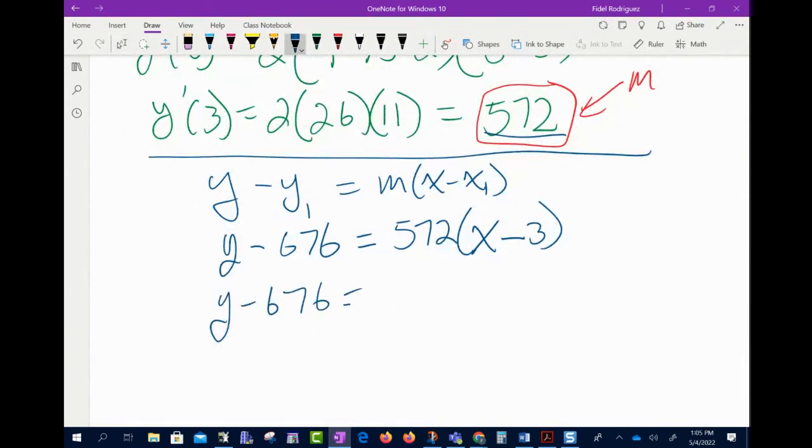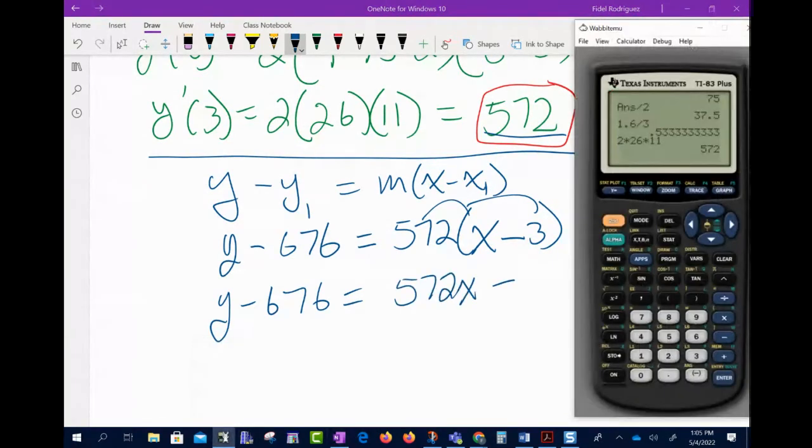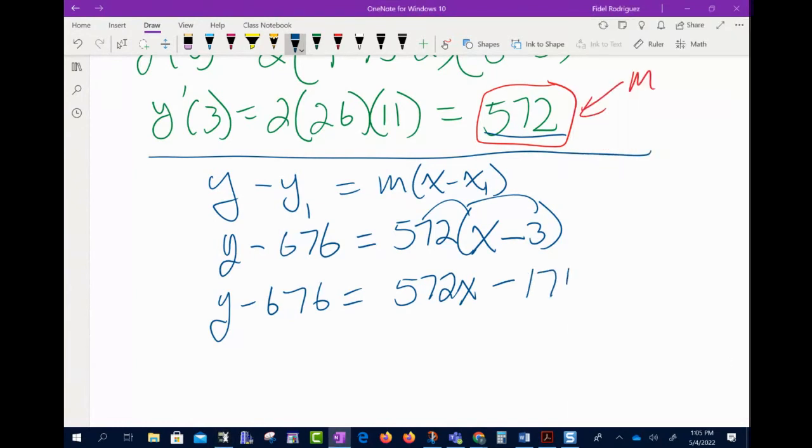So y minus 676, and I'm just multiplying here. So 572x minus whatever 572 times 3 is, 1716. Okay, and then I'm just going to add 676 on both sides.